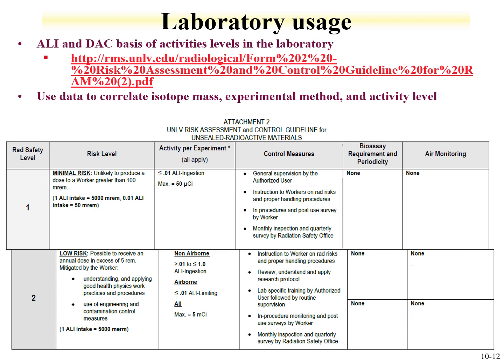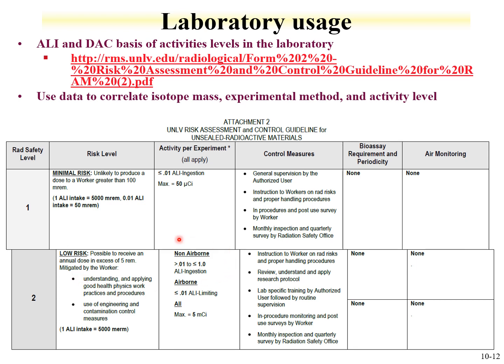So for instance, if all the isotopes that one is working with has an annual limit of intake for ingestion of 0.01 or less of an ALI, that's at a rad safety level 1. Very basic work. A wide variety of people can work with this.